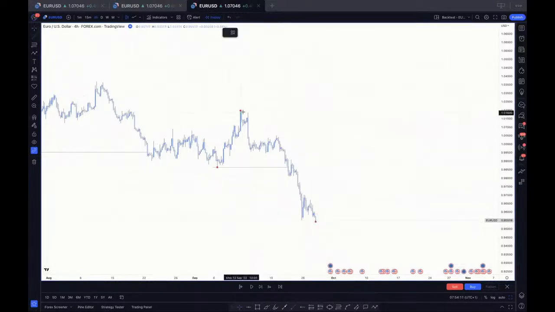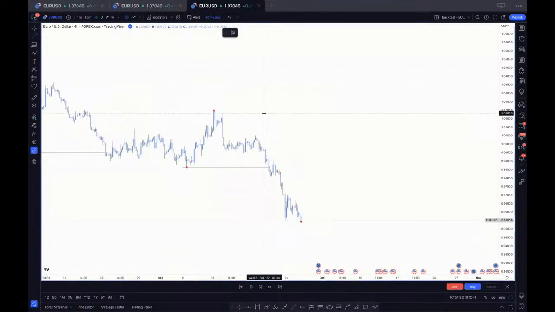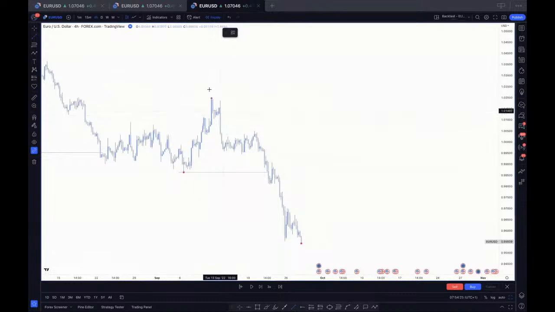Another thing I love to do is take the line tool here and put it on the wick, on this last higher high or swing high, and tap it there. On my computer, I normally hold Command, and it snaps it in position.